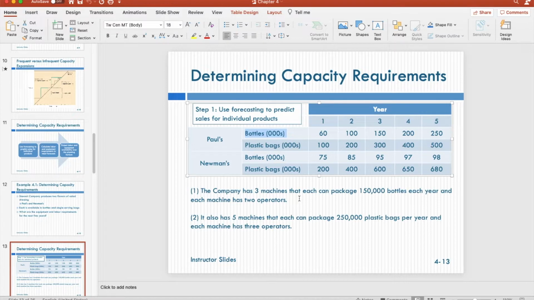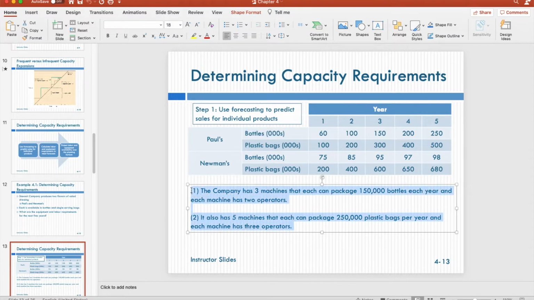These two sentences tell us what kind of equipment and labor we currently have that can help us produce Paul's or Newman's in bottles or in plastic bags.